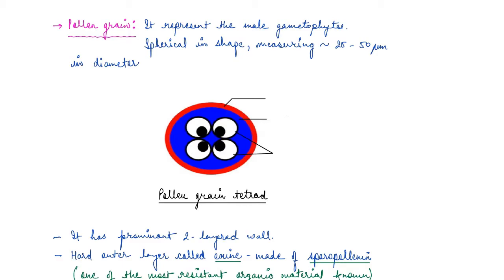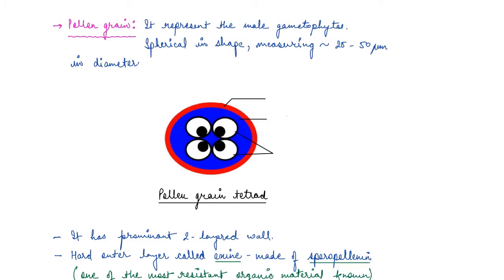The structure is very different in different species, but in general they are spherical and around 25 to 50 micrometers in diameter.